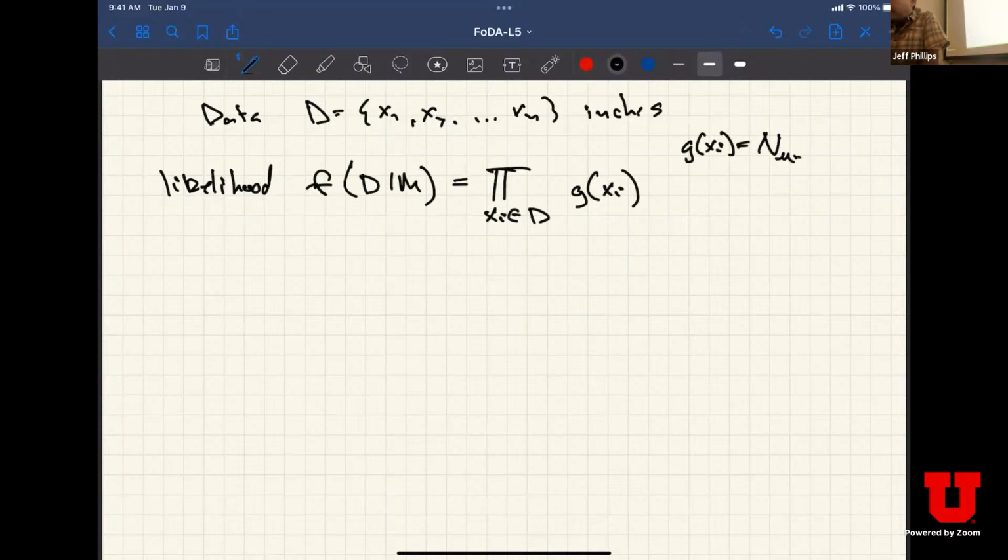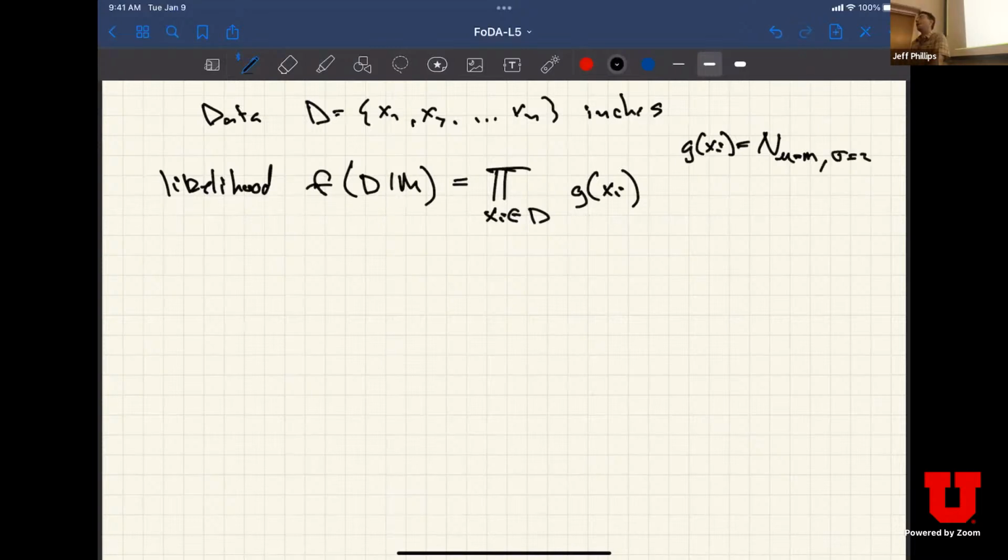The mean is going to be xi. Okay, I'm going to say that the mean of this normal distribution is going to be m, and the standard deviation, say, is going to be 2.